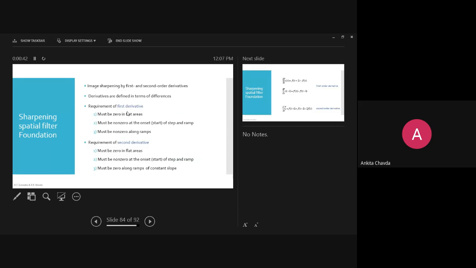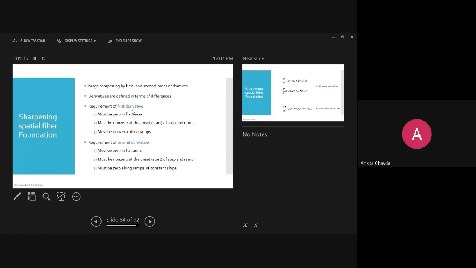And here first we will see the requirements of the first derivative, right? First, it must be 0 in the flat area. Second, it must be non-zero at the onset, or you can say the start, of your step or ramp. And the third, it must be non-zero along the ramps.